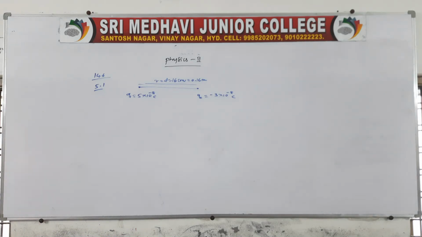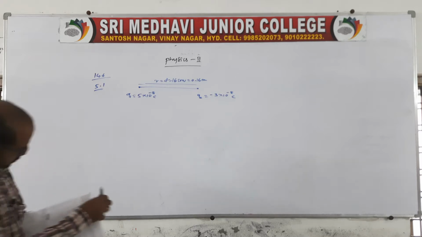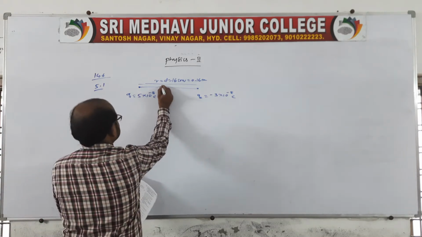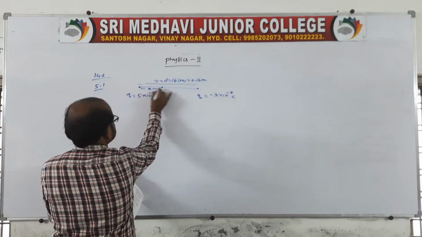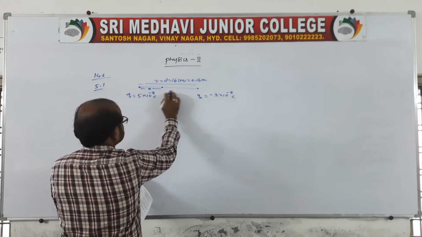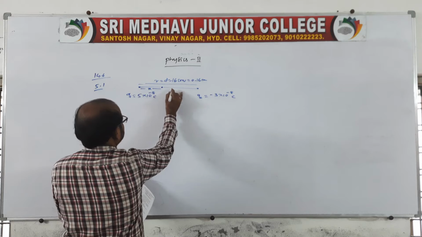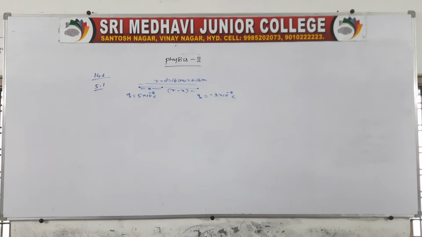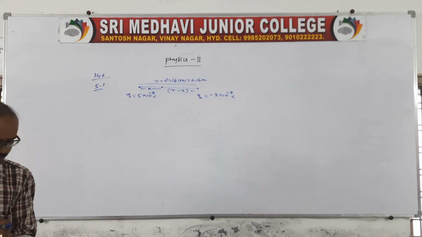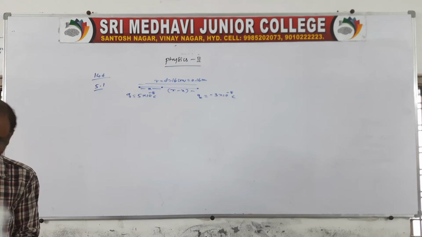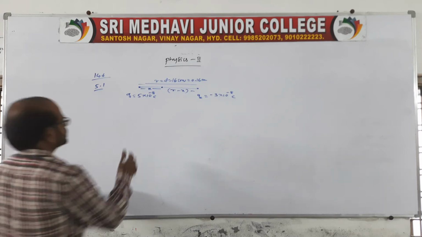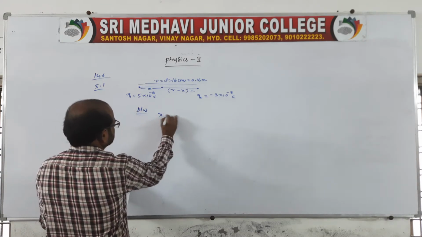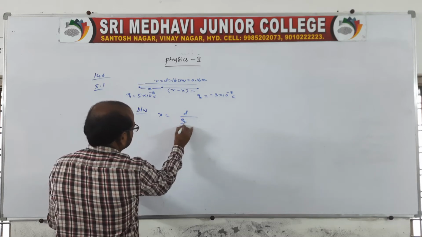We have to find the point between the charges. Let X be the point, and the other distance will be R minus X. Between the charges, X is equal to D by (Q2 by Q1 plus 1).